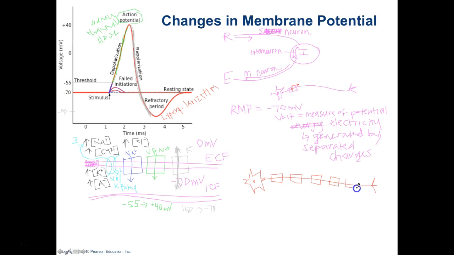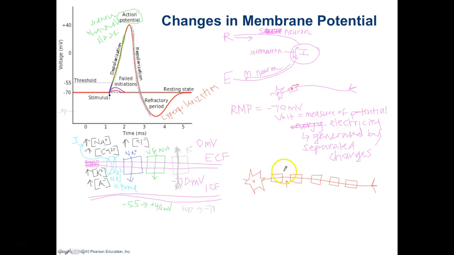What were the cells that created the myelin sheath in our central nervous system? Oligodendrocytes. What about in our peripheral nervous system? Schwann cells. They're both creating the same exact thing. And in between them, we have these nodes of Ranvier. And these are the sites where action potentials are happening.